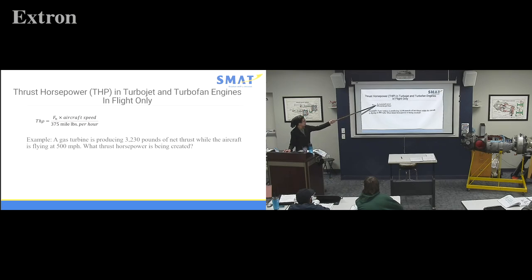We figure out net thrust, put that into this equation, multiply by aircraft speed, and divide by 375, which is just a conversion that translates the product of thrust and velocity into horsepower. So that's where the 375 comes from. And we do that, and for thrust horsepower we get 4,307. So that's how you would figure out those numbers.